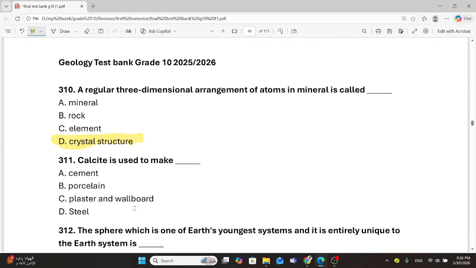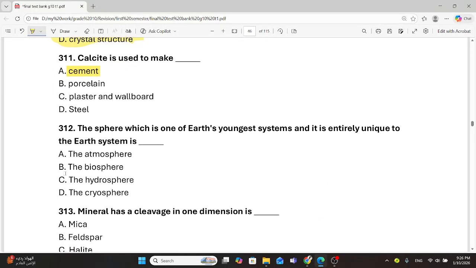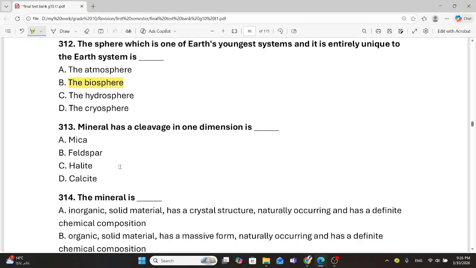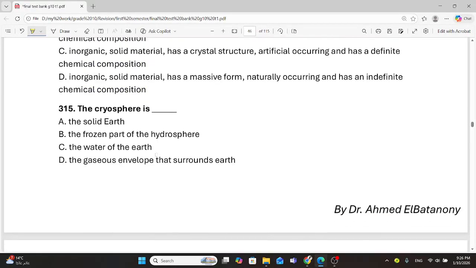Calcite is used to make cement. The sphere which is one of Earth's youngest systems is the biosphere. A mineral has cleavage in one direction: mica. A mineral is an inorganic solid material that has a crystal structure, occurs naturally, and has a definite chemical composition.